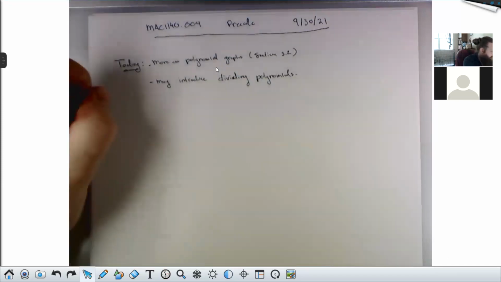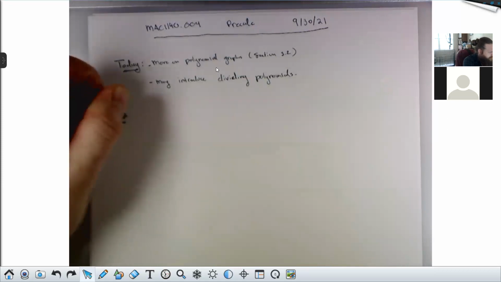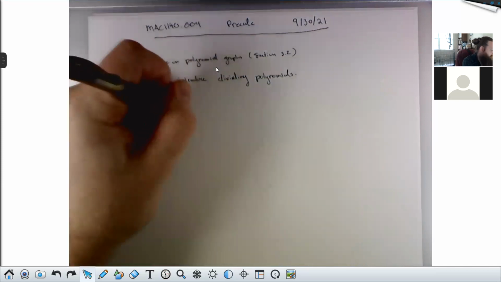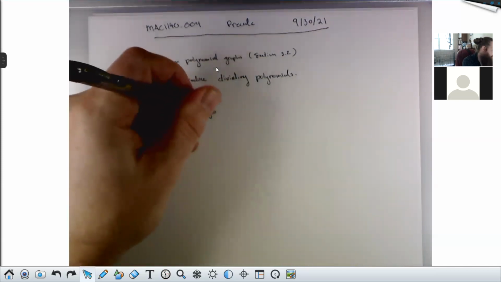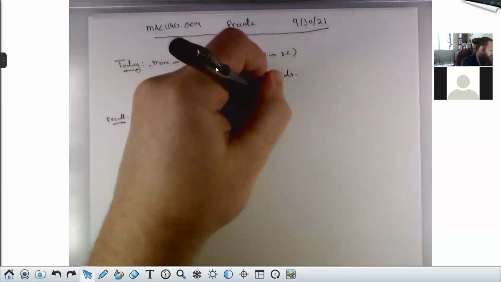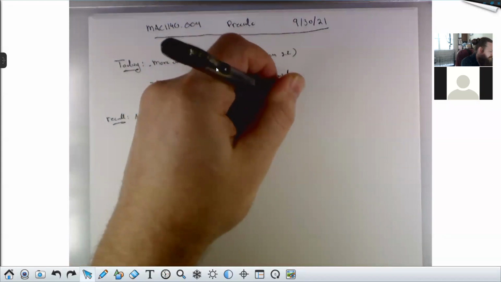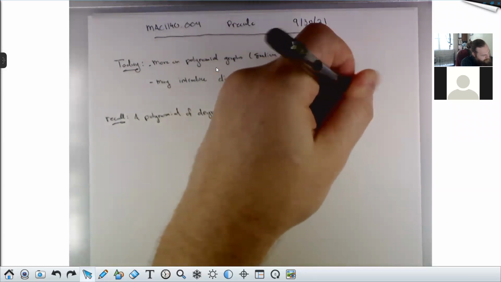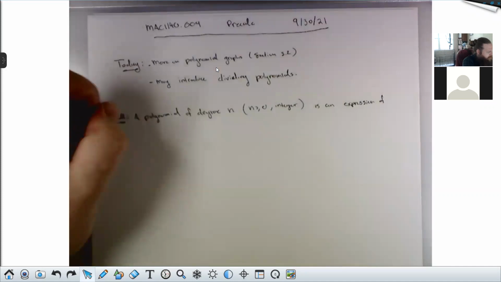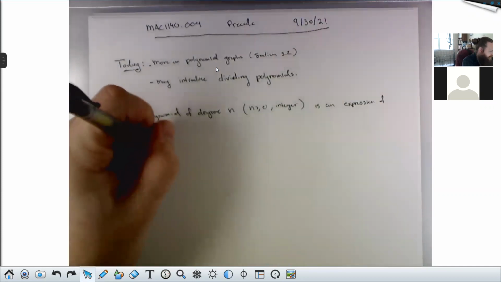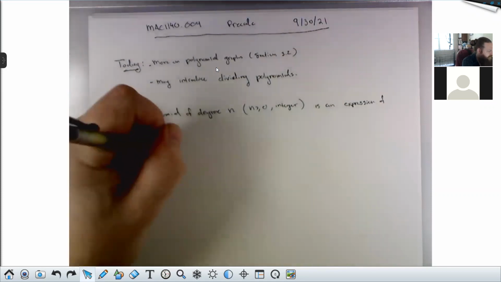Let me just remind you that a polynomial of degree n, and n here is a non-negative integer, is an expression of the form p of x. Most of the time we'll use letters nearby p in the alphabet for polynomials, conveniently p of x for polynomial function of x.